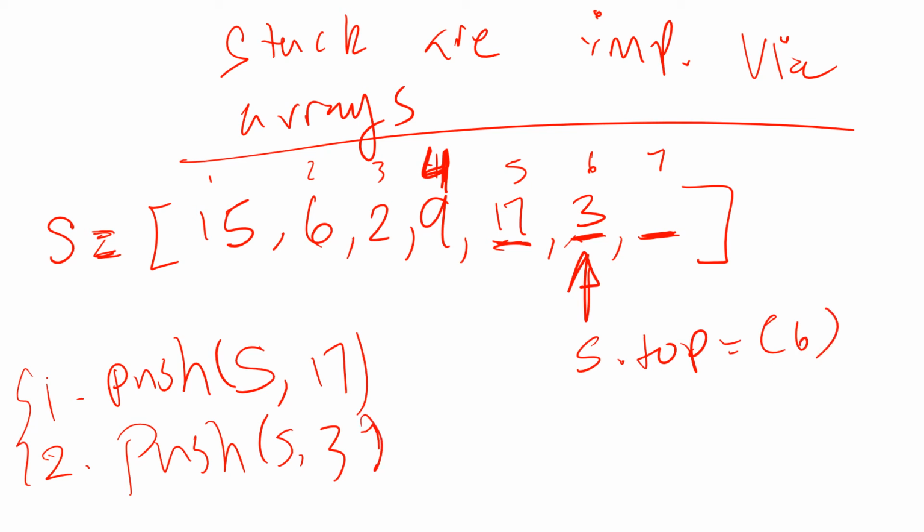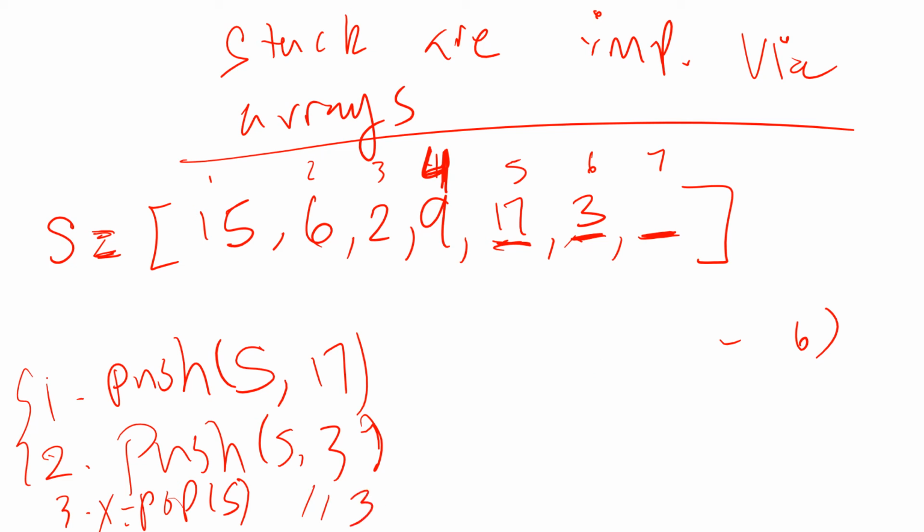And then if I call pop in this line, it's going to return some value, it's going to return 3, right? That's the value of x, and then this is of course going to decrement.